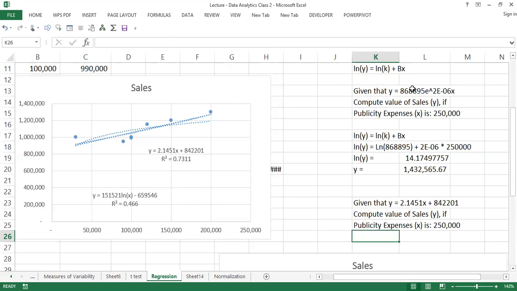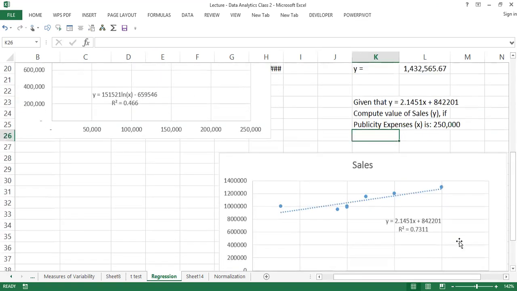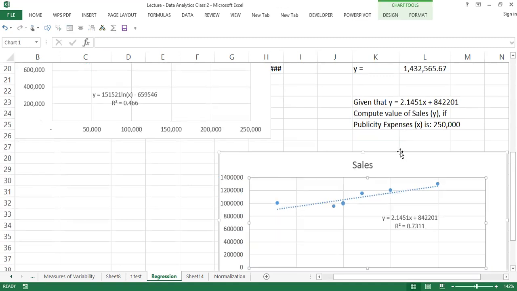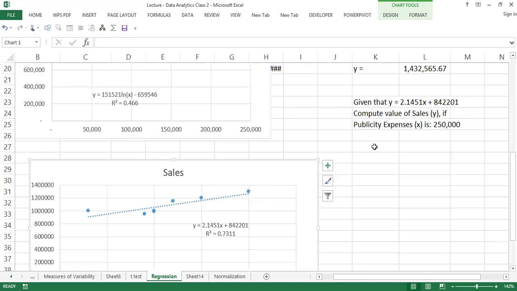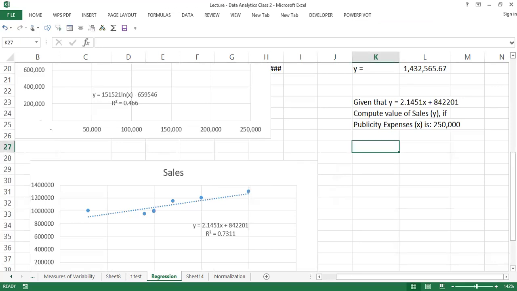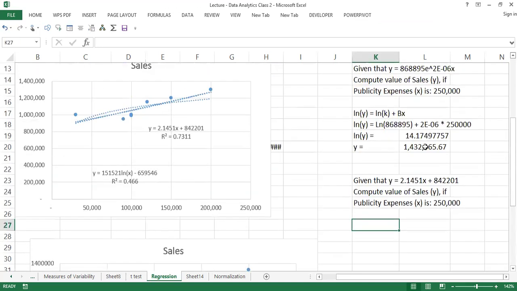Can you try your hands on this problem? So we compare. Just try it, and compare the answer with this one. I know the answer will be close anyway.